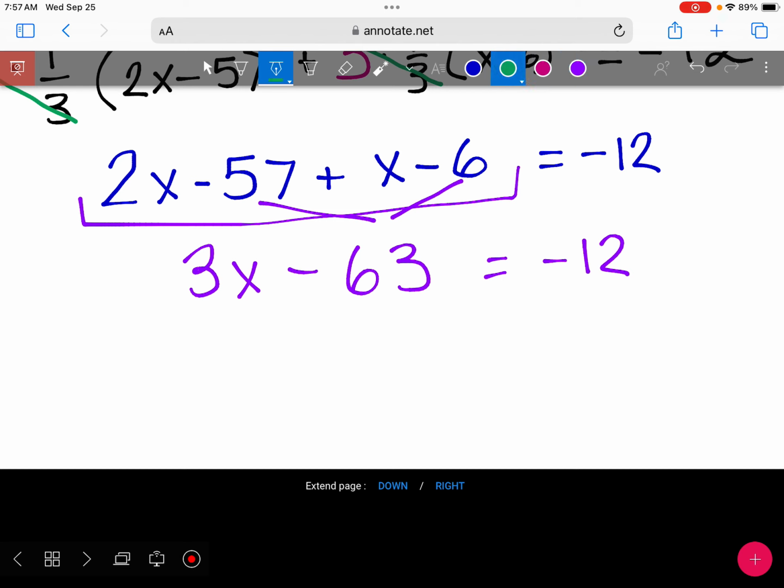What do we do next? Add 63. Add 63 to this side. Add 63 to this side. So I have 3x equals what?